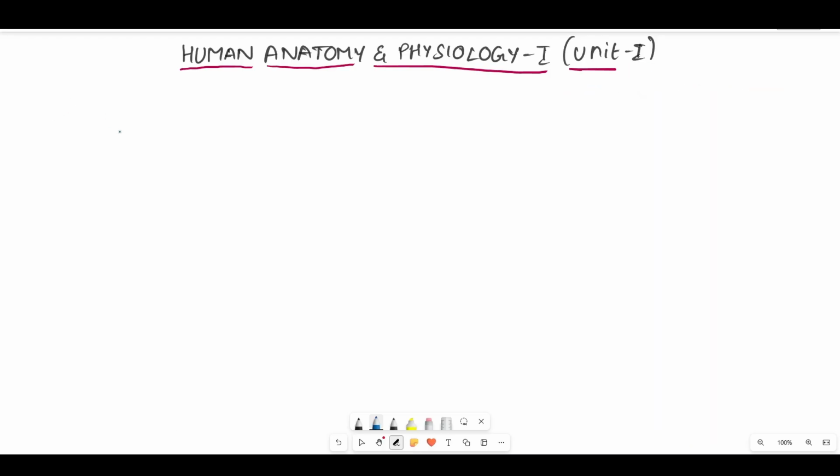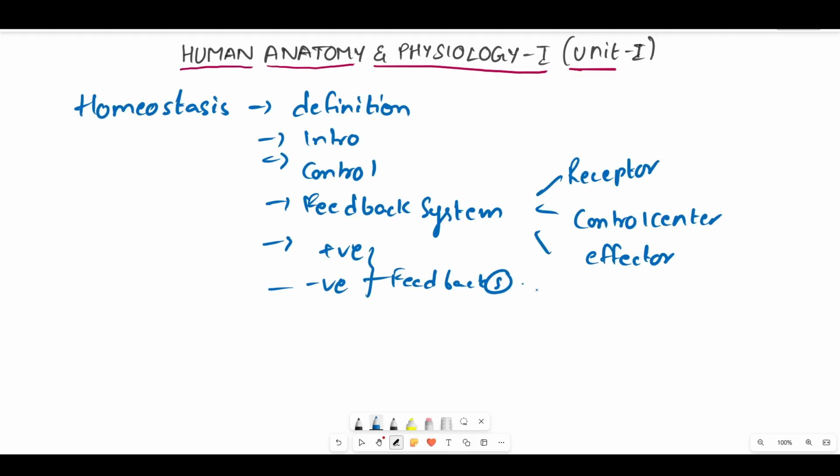Today in this class we have tried to cover, so if there is a question stating that please explain the homeostasis, then you have to cover all this: definition, introduction, how to control the homeostasis, what are the different feedback systems, positive and negative, and what are the important components in it. And if you cover all this, then you'll be getting full marks.